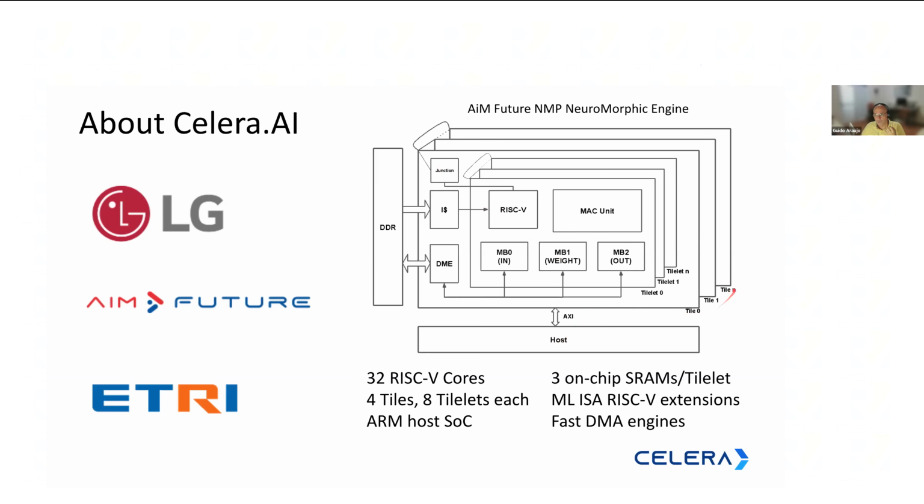You have tiles, say for example 4 tiles, and each tile has 8 tilets. So let's look at tile 0 here. You're going to have tilet 0, 1, up to tilet 7. And each tilet has one RISC-V core extended with machine learning accelerated instructions.